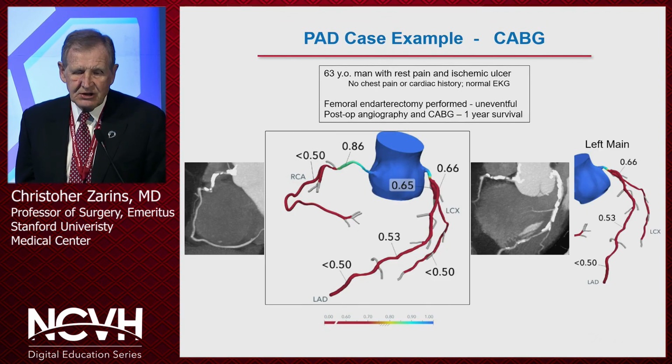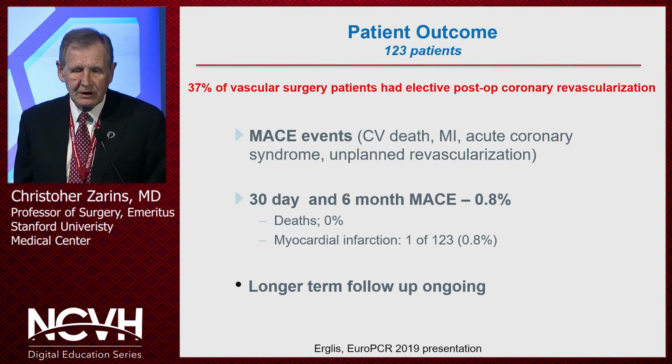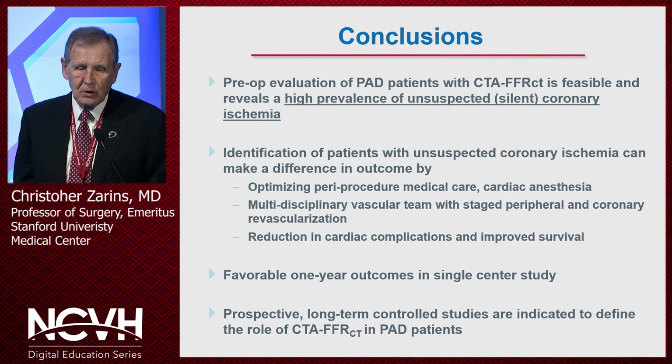This is a 63-year-old man with left main and right coronary artery disease. He needed a coronary bypass. He got that after his leg was revascularized, and he's done well 1 year later. So the overall results are good. 1/3 of the patients get post-vascular surgery coronary revascularization and do well.